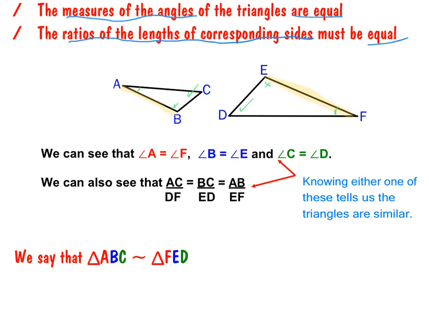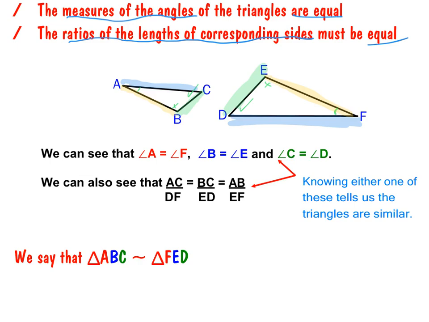Likewise, we could say that BC and DE correspond in the same way. Like BC would be half as big as DE. Finally, AC would be half as big as DF.